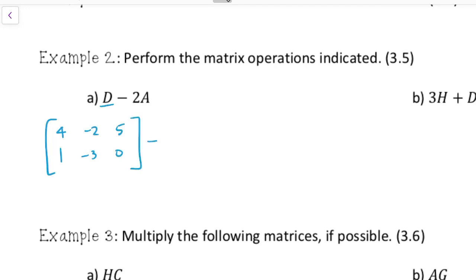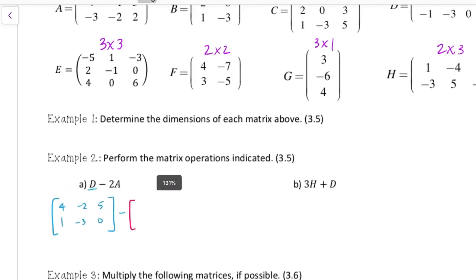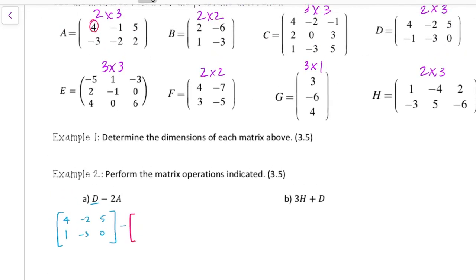And I want to subtract 2 times matrix A. Well, matrix A in its top left corner had the element 4, so multiplying by 2 we get 8. Multiplying -1 by 2 we get -2. 5 times 2 we get 10. And then 2 times -3 we get -6. 2 times -2 is -4. 2 times 2 is 4.